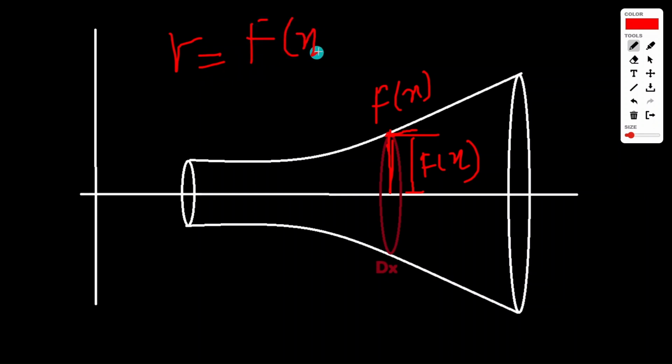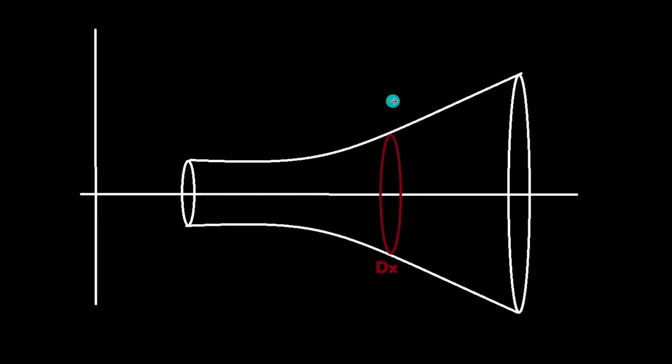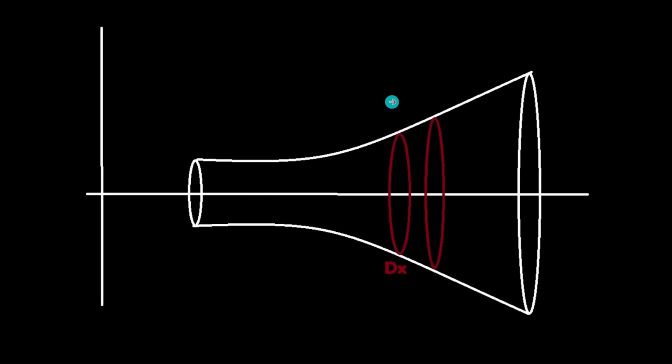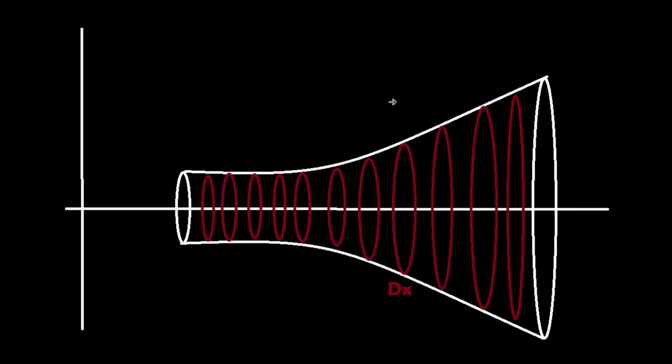So we can say that the radius is equal to f of x. If we were to take many circles like this, obviously in this picture there's only a finite amount of circles, but when we're integrating and finding the volume, we're taking an infinite amount of circles, right? So if we find the area of each of these circles and add them up, that's how we get the volume.